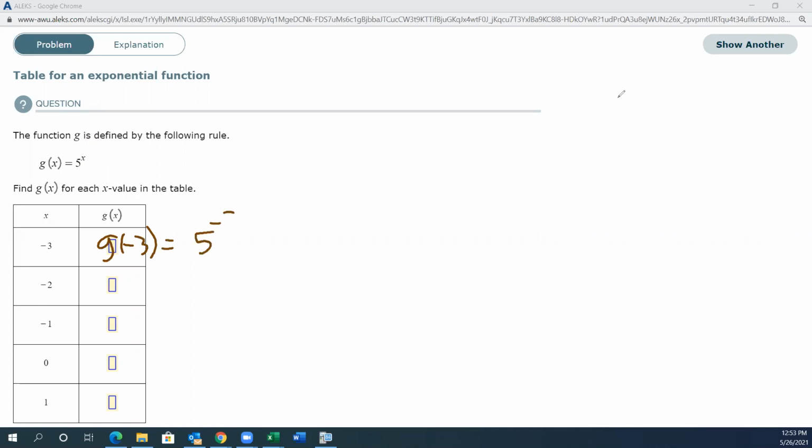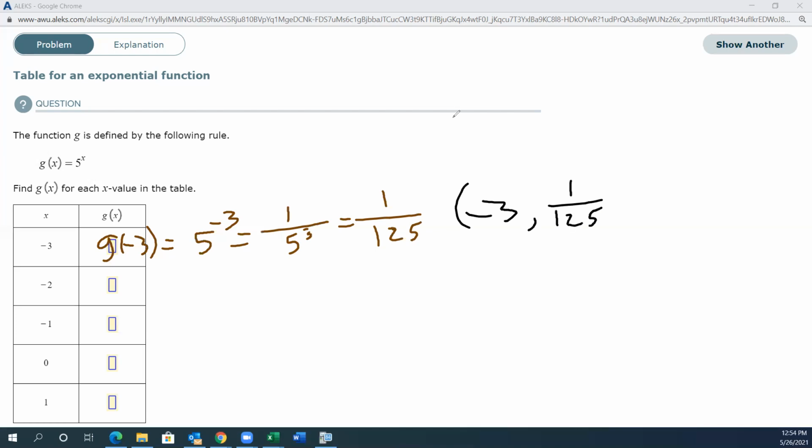That would be 1 over 5 to the third, which is 1 over 125. So that tells us that if we were to graph this function, the point -3, comma 1/125, would be on the graph.